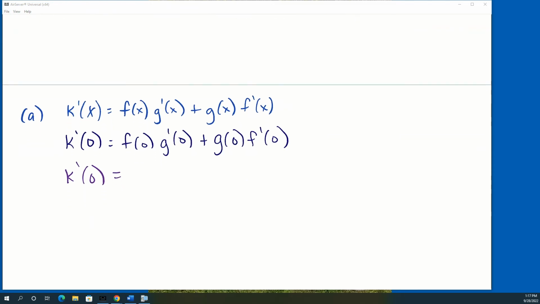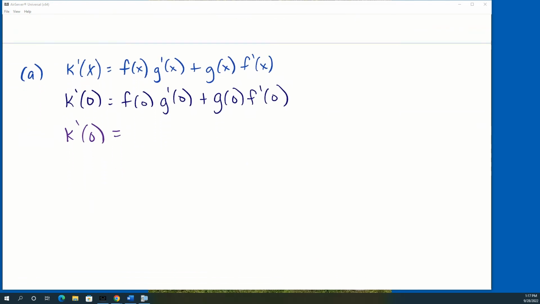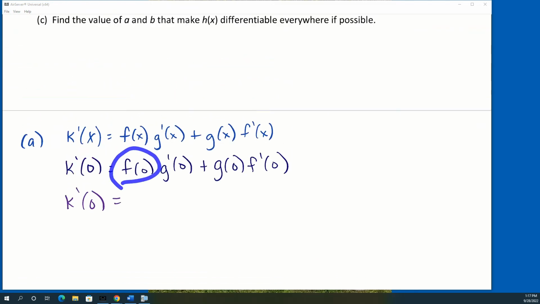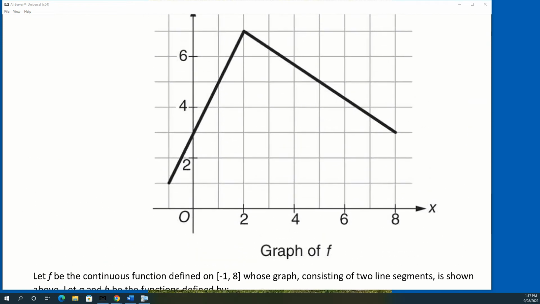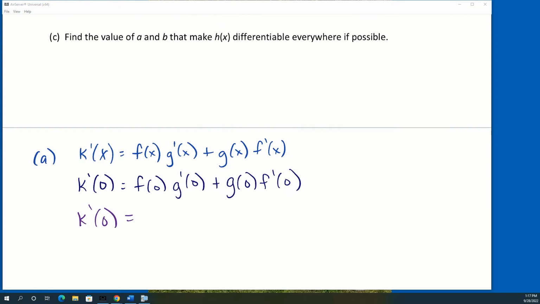So what we're going to do, we can find f of 0 just from the table or from the graph. So when x is 0, f is 3. But g prime of 0, we're going to do in the calculator.